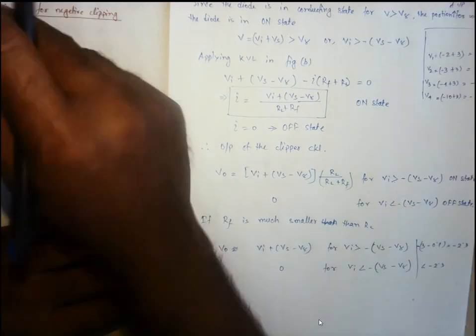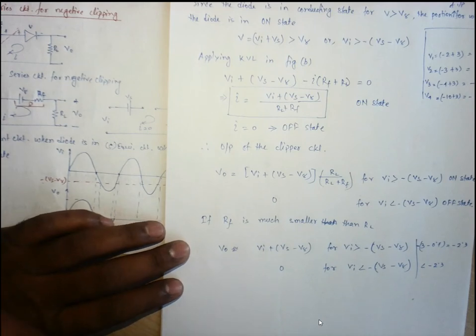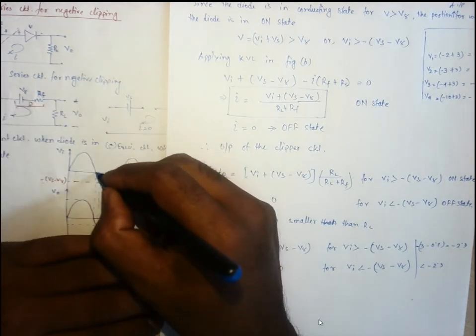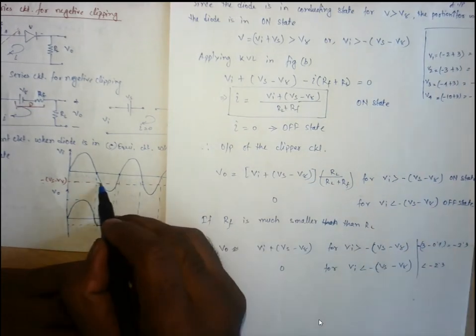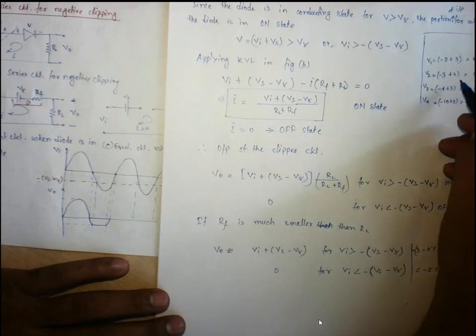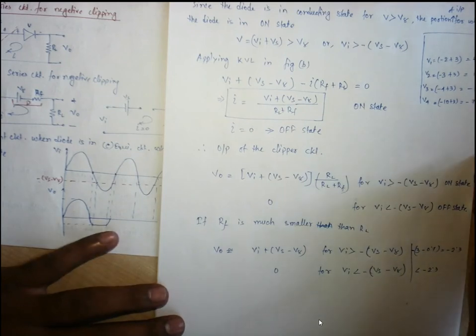Now if this Vs was not there, then there would be no chance of taking even a smaller value of negative potential of the input. The moment the negative potential came, from this transition part itself, it would be in the off state. But up to this much voltage, let us consider up to minus 3. Though it is 0, it is not like that. Let us consider, if it is 0.7, then it is supposed to be 1.3, 2.3.